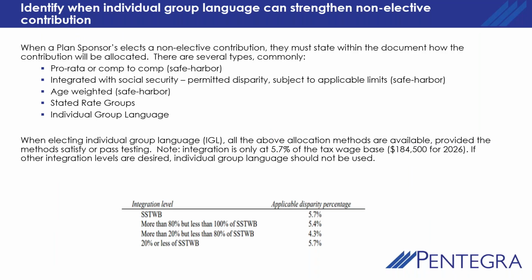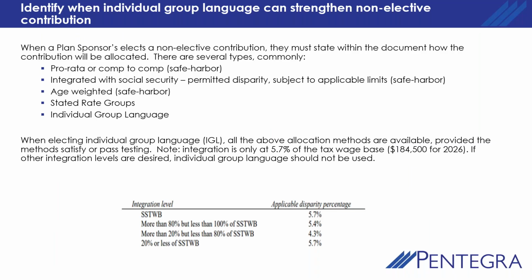When you have individual group language, this opens up a flexibility of how that profit sharing allocation can be contributed to the plan. You can still use pro rata, which is a comp to comp, aggregating all the comps and giving all participants the same percent. You can still use an integration with Social Security, where you have a base and the excess over Social Security is getting an additional contribution.